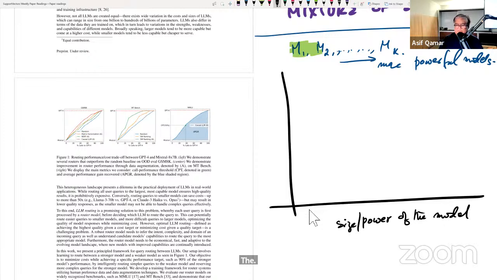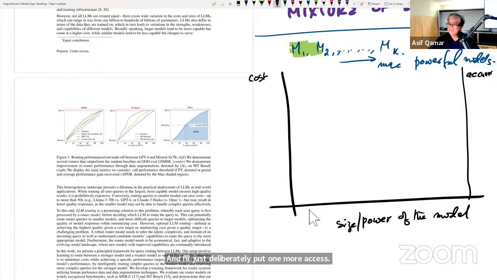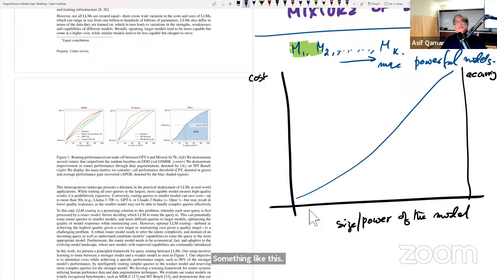What does it cost? Suppose this axis is cost. And I'll just deliberately put one more axis, accuracy. You do know that, roughly speaking, there is some curve, and I don't know exactly how the curve will go. All I can say is that the curve will go something like this.